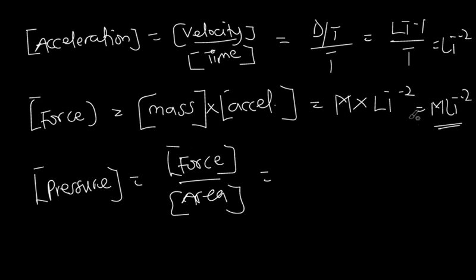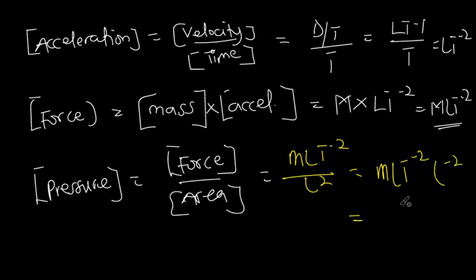The dimensional equation for force is MLT minus 2, and the area, as we found earlier, is length times breadth, which is L squared. So at the top we have MLT minus 2. Then the L squared comes to the top and becomes L minus 2. We have one L here and one L here, so we have ML minus 1 T minus 2. So this is the dimensional equation for pressure.